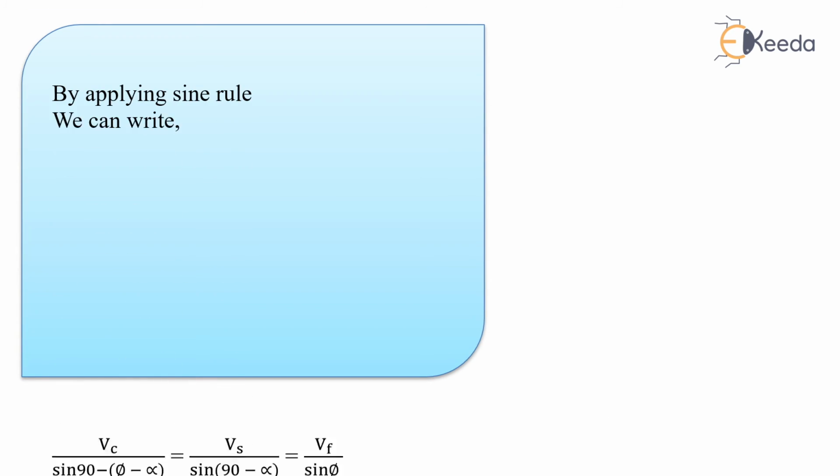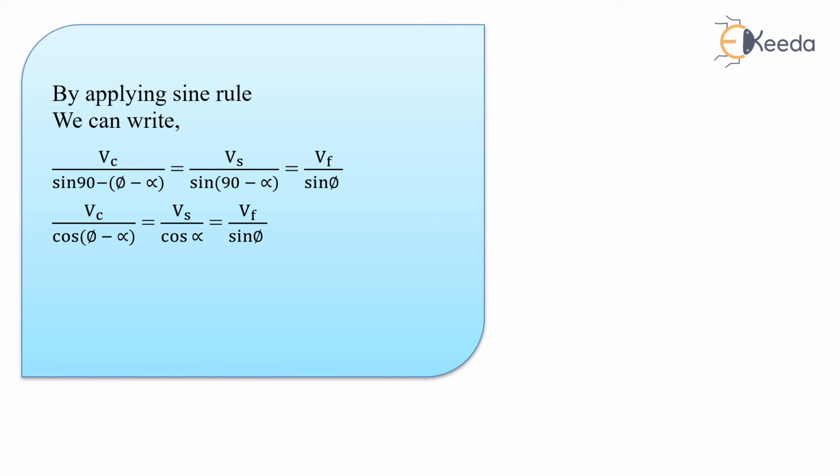So by the sine rule, Vc divided by sine of 90 minus phi minus alpha equal to Vs divided by sine of 90 minus alpha is equal to Vf divided by sine of phi. So on simplification, sine 90 minus theta is cos theta. I can write here the velocity relationship as Vc divided by cos of phi minus alpha equals Vs divided by cos of alpha equals Vf divided by sine of shear angle phi.